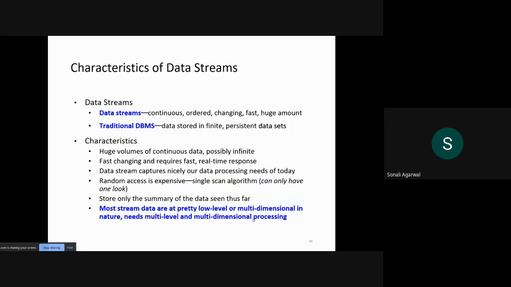Now I am going to give you the idea of how these two approaches differ: dealing with data when it is at rest and dealing with data when it is in motion. I think these two terms are clear.